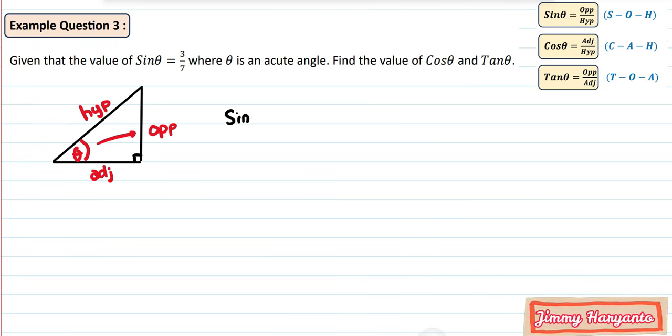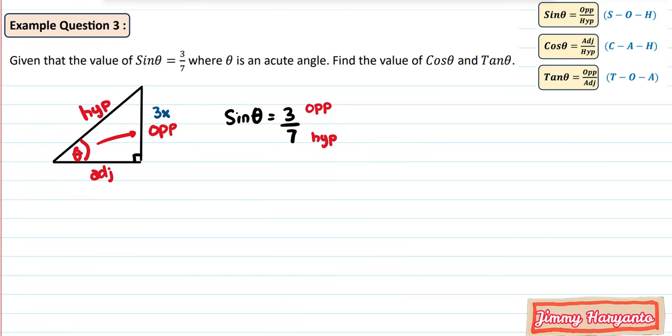So we have sine theta equals 3 over 7. That means this is the ratio of the opposite side and the hypotenuse side, because that is the formula for sine. I can tell that the opposite is 3x, because 3 is not the actual measurement.